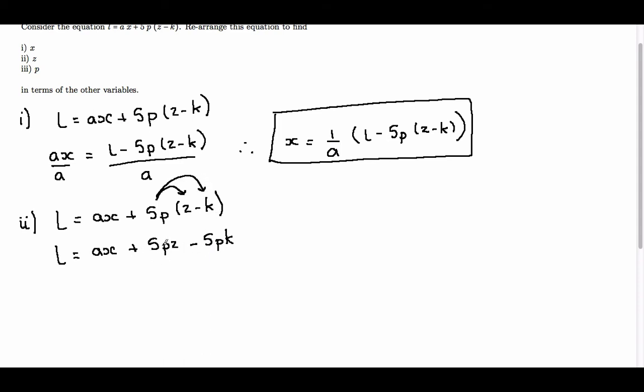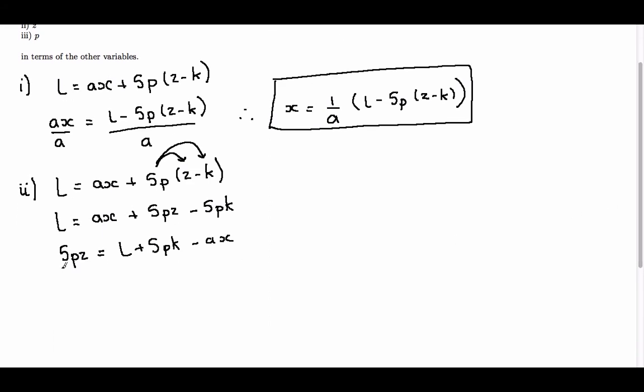So what I need to do is get 5pz on its own first. So 5pz will be L plus 5pk, and that's because when I take this minus 5pk over to the left, it becomes plus 5pk, and when I bring this AX over to the left, it becomes minus AX.